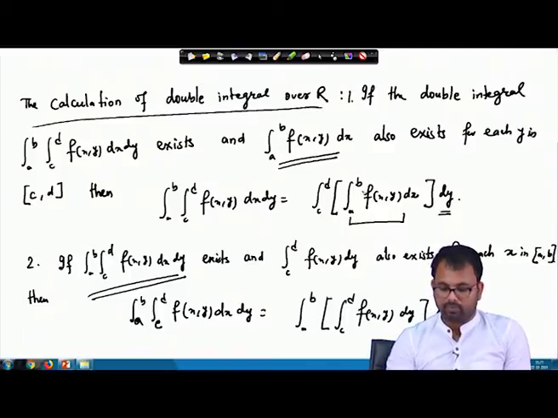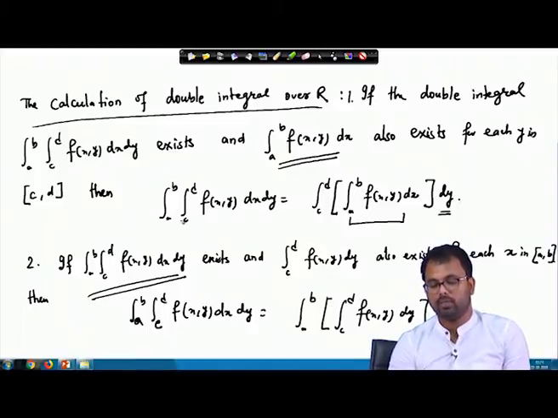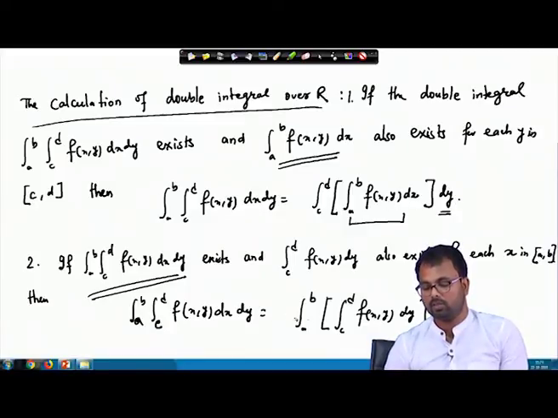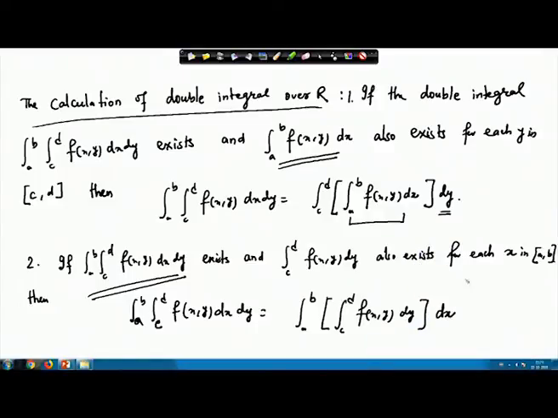And if the double integral exists, then these two repeated integrals would also be the same. Because if the double integral exists, that means this side has a value, so you will have the value for this side as well, and the same value should be equal to this side. So, the integral from c to d, integral from a to b of f(x, y) dx then dy equals the integral from a to b, integral from c to d of f(x, y) dy dx. These two repeated integrals will be equal if this double integral exists.